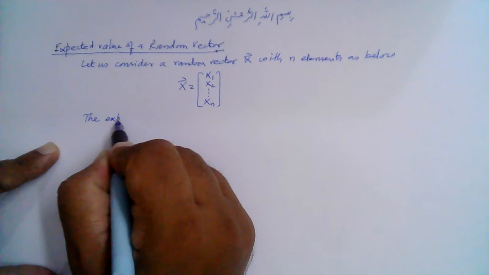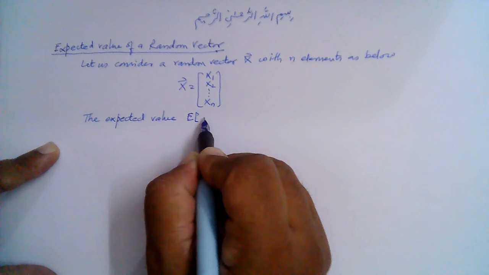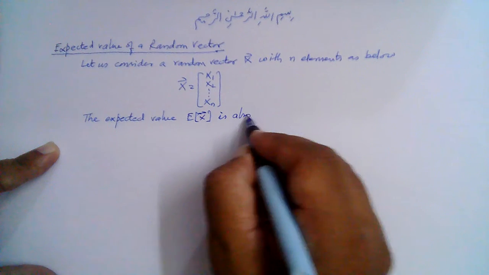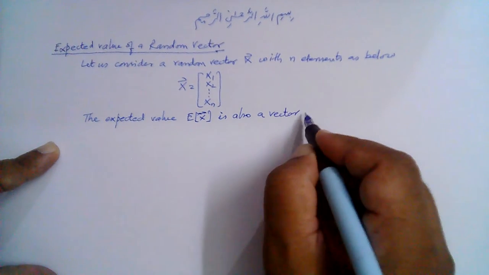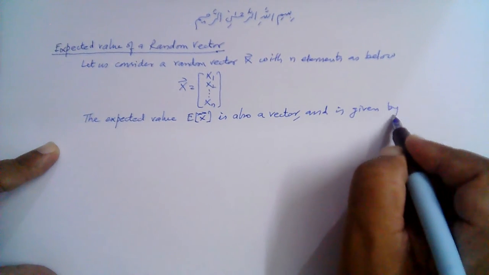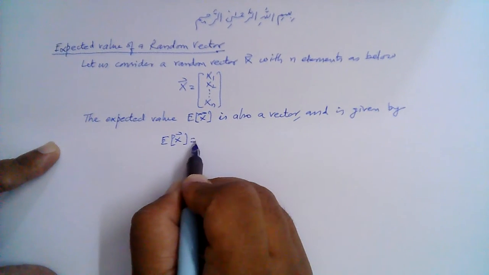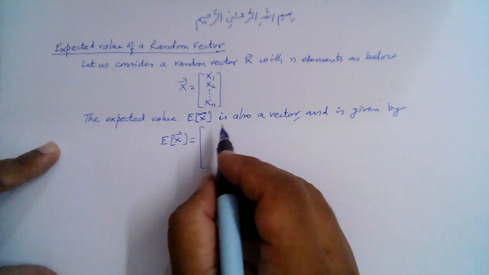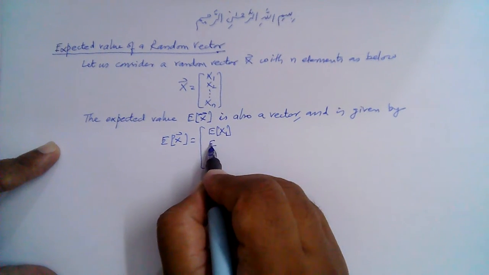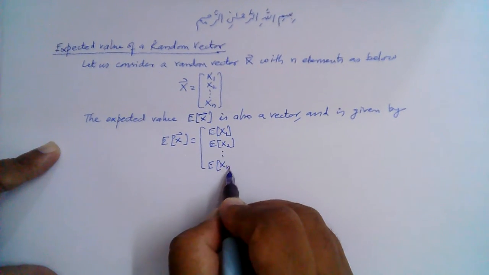The expected value of x bar is also a vector comprising the expected values of individual elements, right?